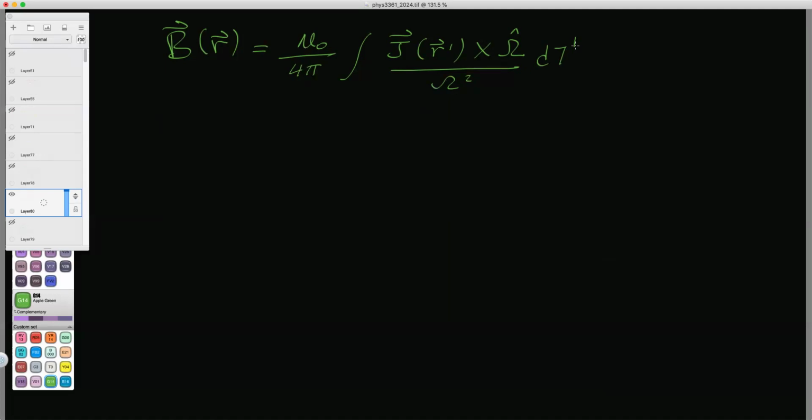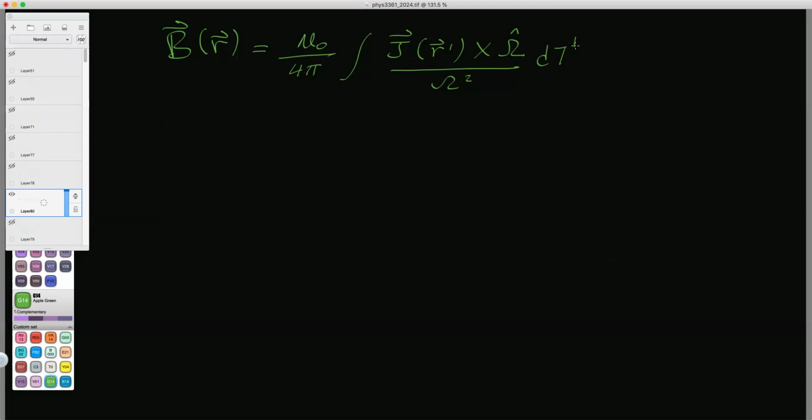The prime coordinates are integrating over the current, where the current itself is. R prime points to the little volume elements of current everywhere in whatever distribution you're looking at. That's going to be important. Let's use Cartesian coordinates. It's actually easier to use Cartesian in this case, which is often not the case, but here it is.